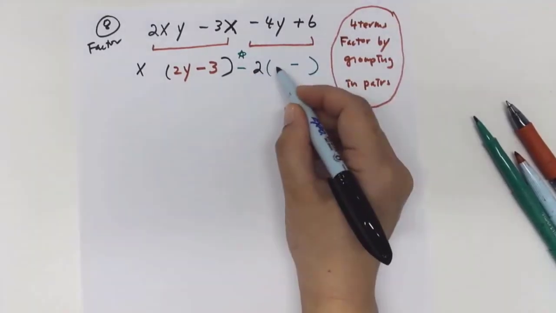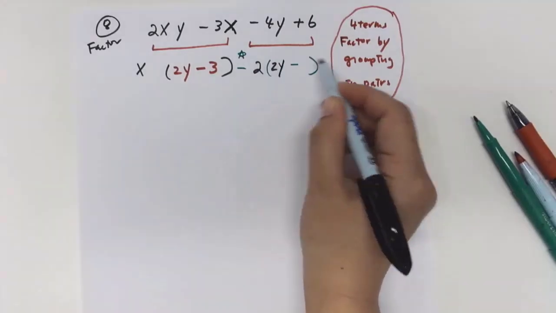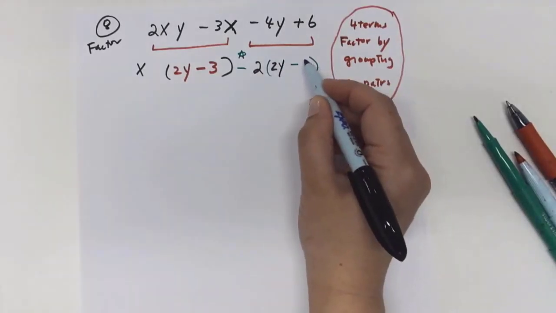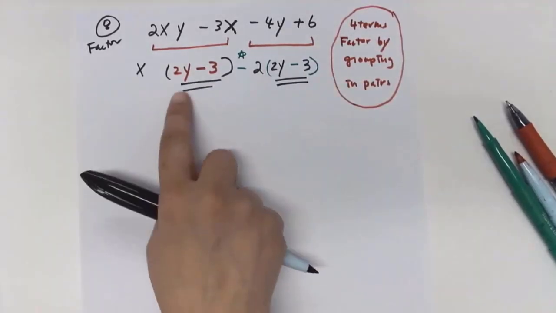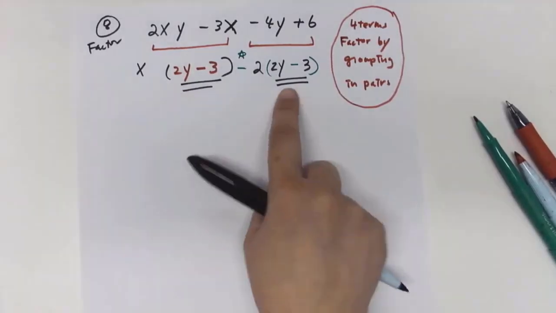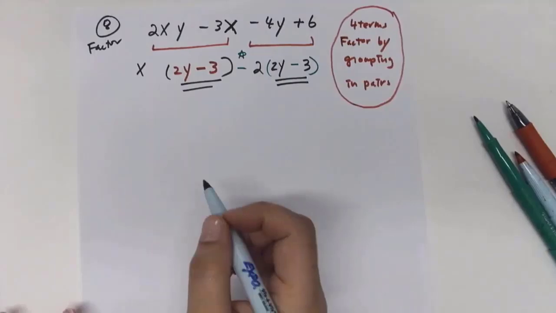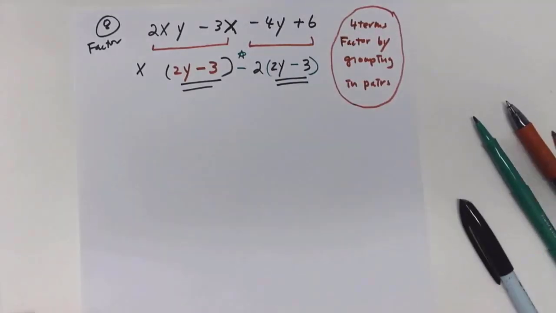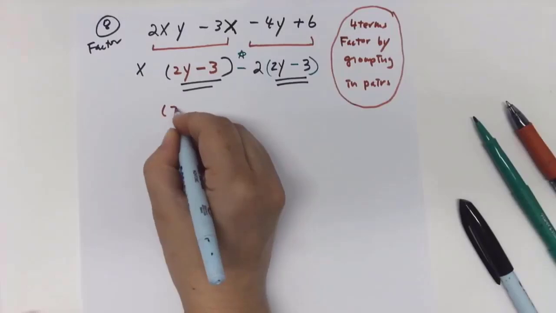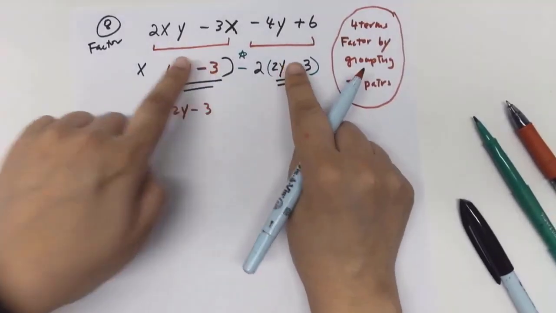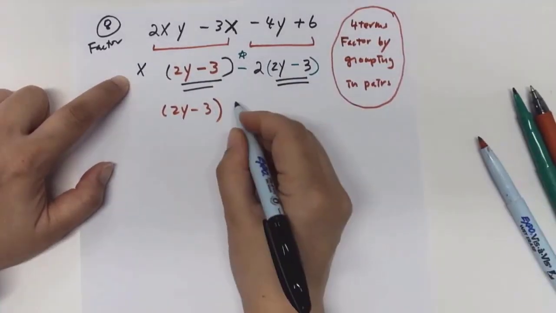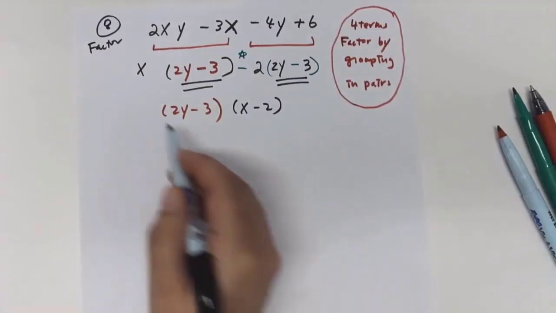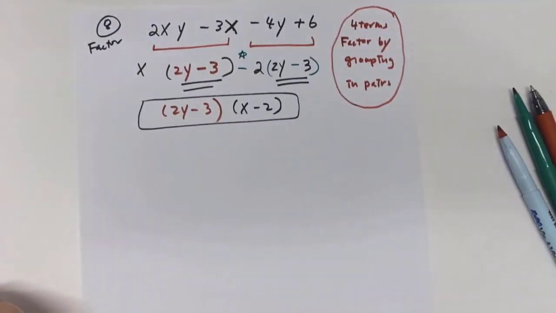So if I pull out 2, the first term will be 2y. The last term will be 3. So they should match, but don't force them to match. Some of you make a mistake on the first parenthesis and you just force whatever that is. You have to double check it, okay? So now they have what in common? 2y minus 3 match. So this part matches, and the part that's left is what? X minus 2. Are we okay? So that's the 4 terms, factor by grouping.